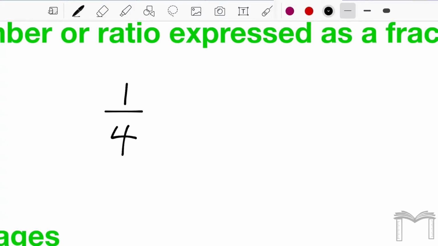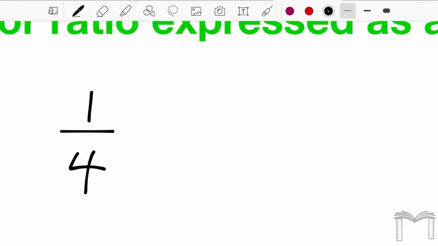If they asked us what percent of the stationaries are pencils, we can take this quarter and multiply it by 100, and the answer we get will be in percentage.